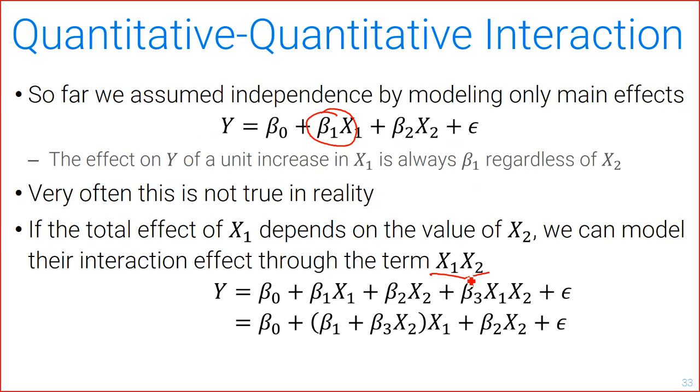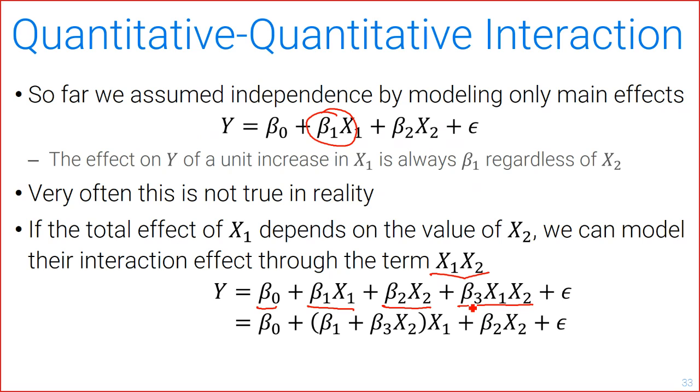And so the model is going to now turn into, again, the common intercept, the main effect of x1, the main effect of x2, and then the interaction effect. And it's going to be just one term like the others. It's going to be the product x1 x2, and it's going to have the coefficient beta 3.